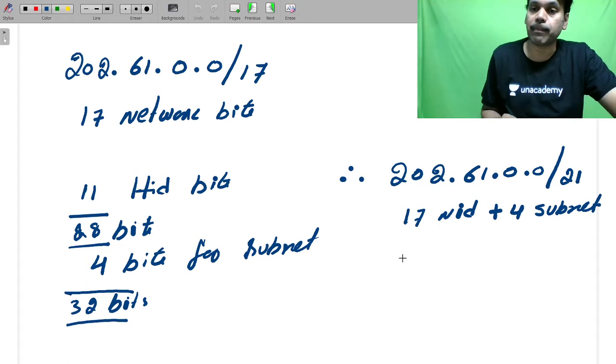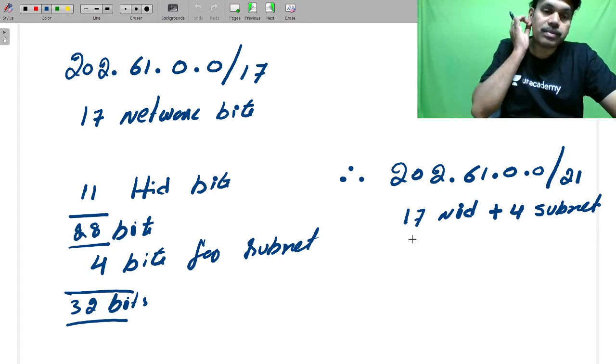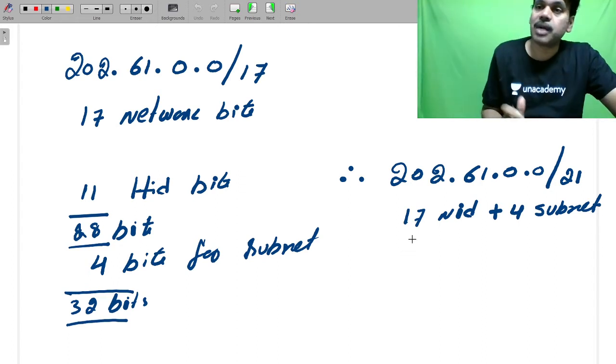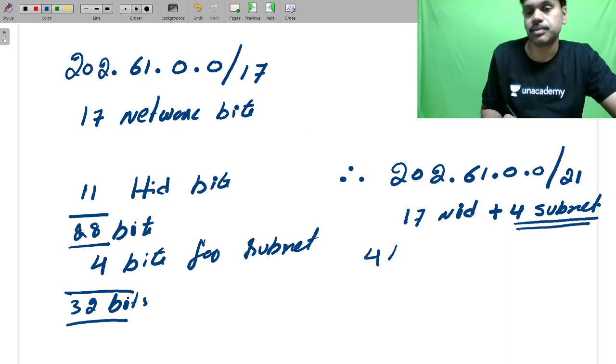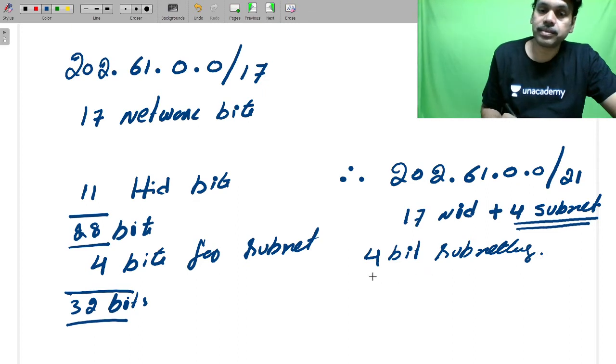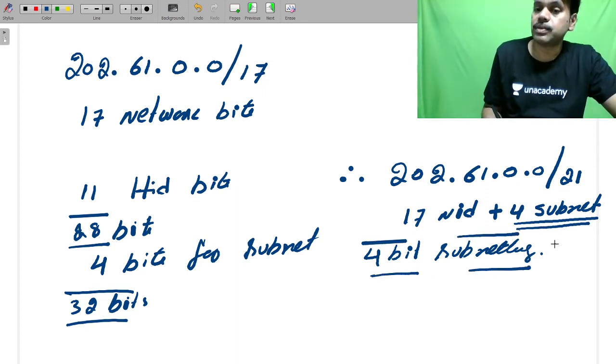Listen carefully. 4-bit subnetting I am doing, right? 4-bit subnetting of the third octet. This is very important.